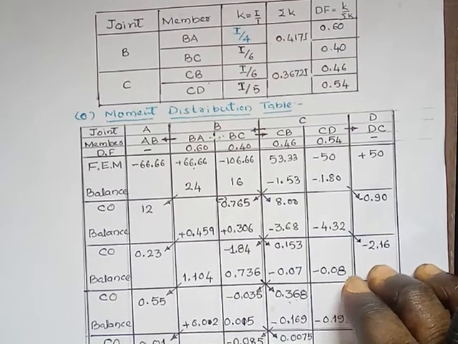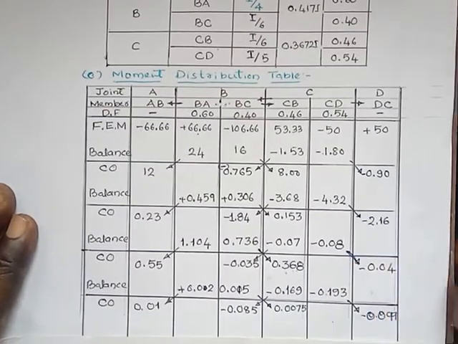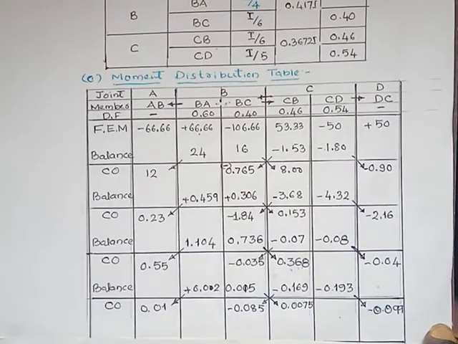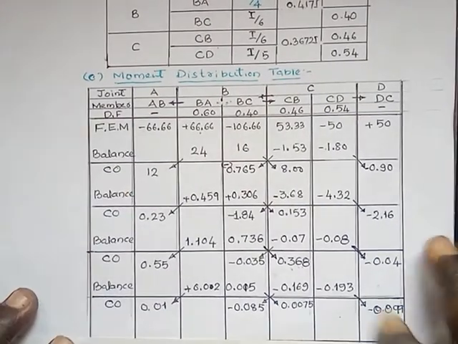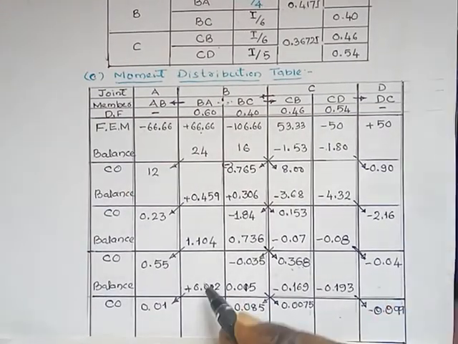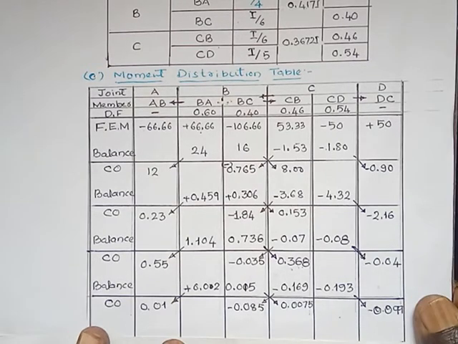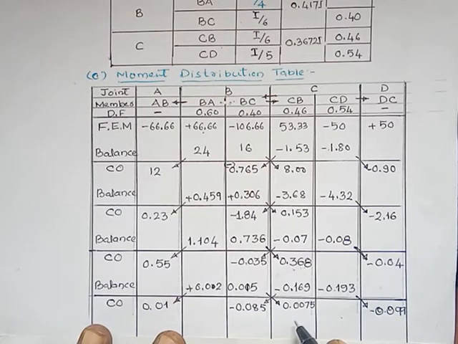Again, you have to carry the moments to the next joint, next cycle. In the next cycle, from B to A there is a carryover of half of this moment, that is 0.02 divided by 2, that is 0.01. Similarly, 50% of the moment is carried from B to C, that is plus 0.015, half of that is 0.0075.